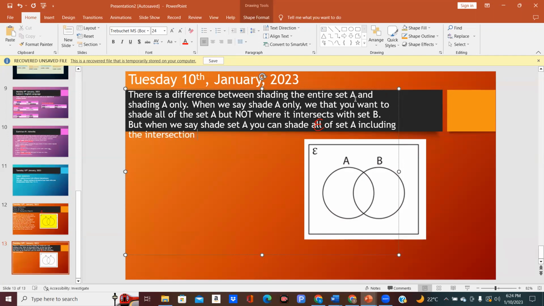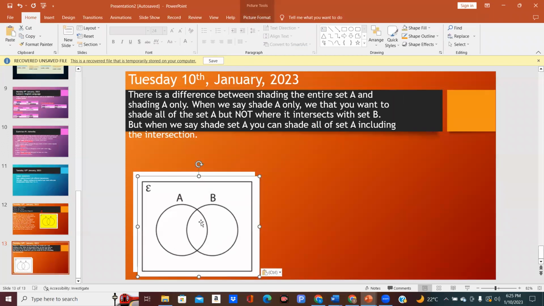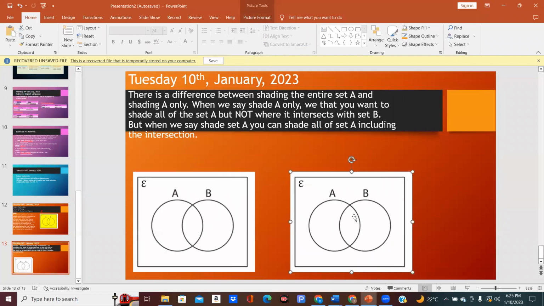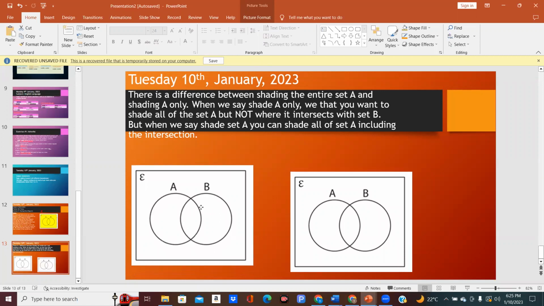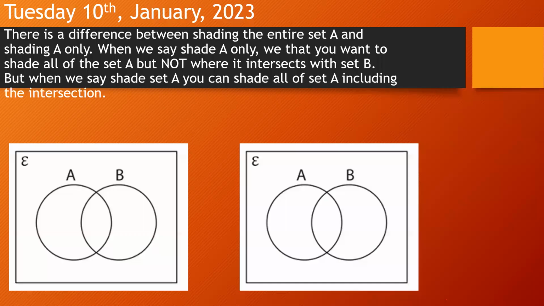So say for example, we have this thing here, and I said, for this one, I want you to shade in set A.